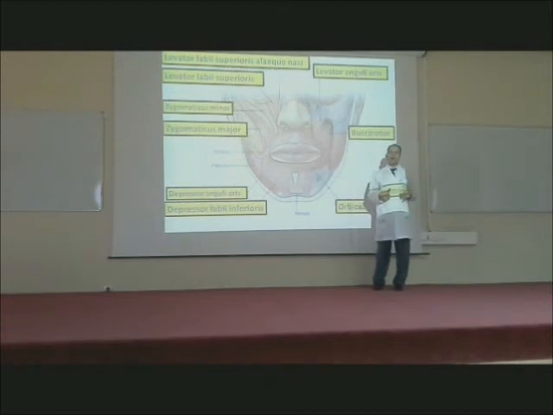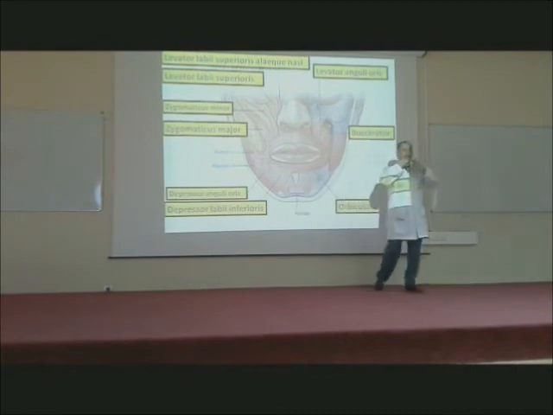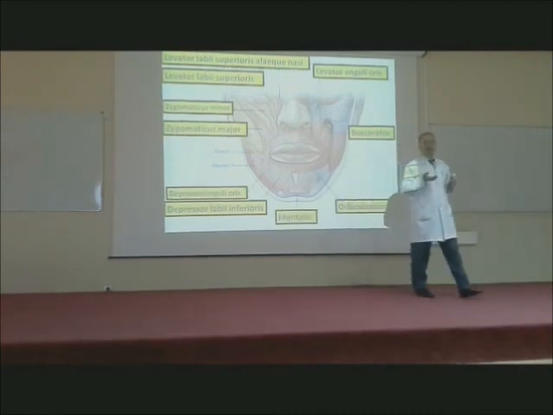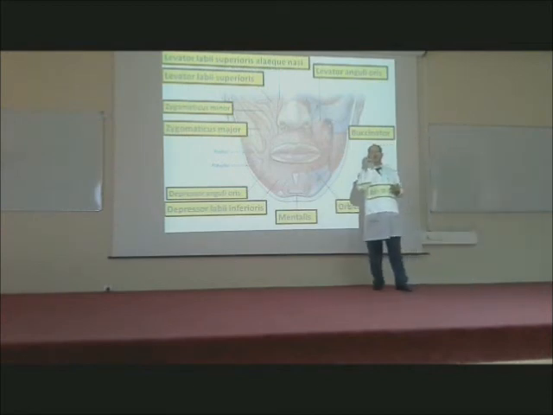The last one acts on the skin of the chin, making wrinkling of the skin of the chin, raising it. That's why it will make protrusion of the lower lip alone. That muscle is named mentalis.